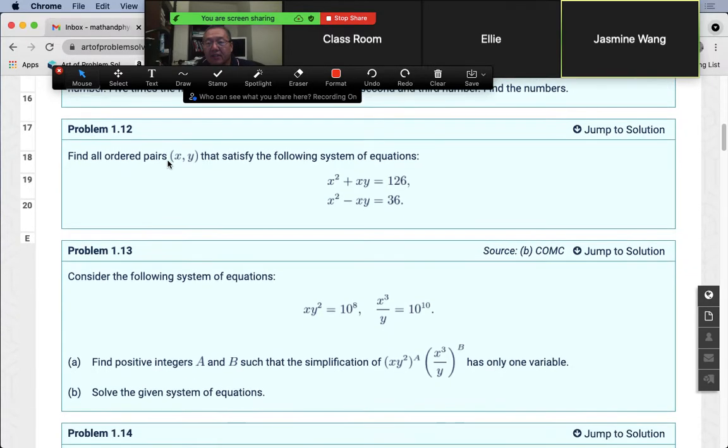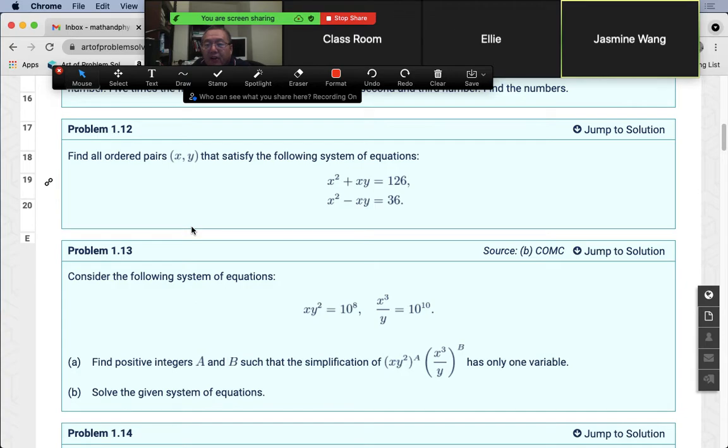Now let's see 1.12. So can you help me read 1.12? Find all ordered pairs x, y that satisfy the following system of equations. Okay, I'll give you 3 minutes. Can you solve this equation?